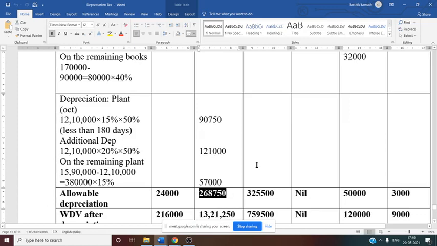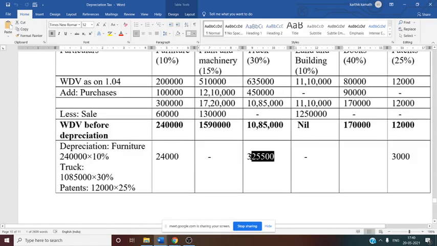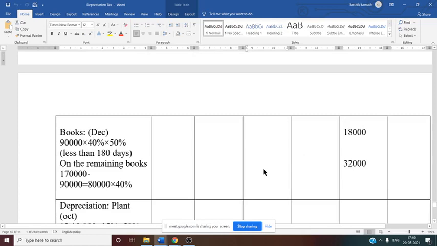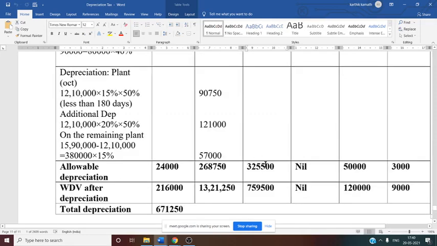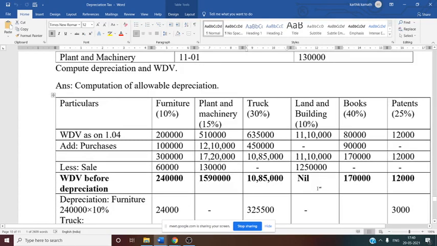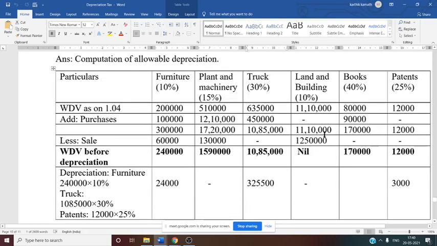Now next you need to see for a truck. Truck is only one item, that is one depreciation, directly normal depreciation 3,25,500. So this 3,25,500 you can give it for truck. If you see here directly 3,25,500 we have written. What about land and building? 10%, it is nil since it is sold and there is a profit. It is a short term capital gain.